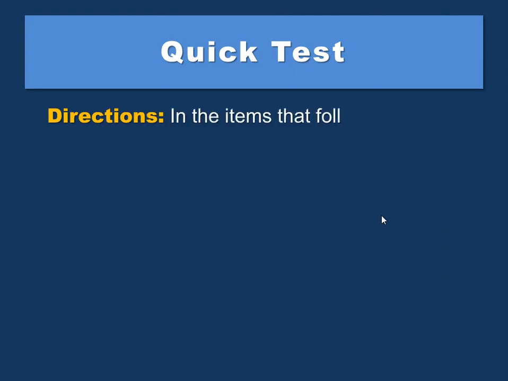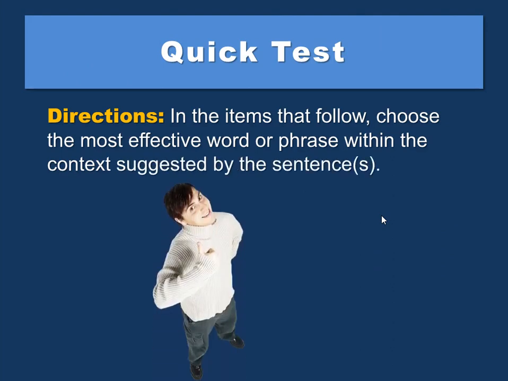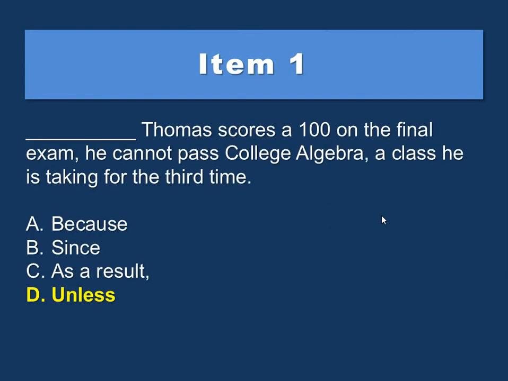Quick test. Directions: in the items that follow, choose the most effective word or phrase within the context suggested by the sentence. Show me what you know. Item 1. Thomas scores 100 on the final exam. He cannot pass college algebra, a class he is taking for the third time.